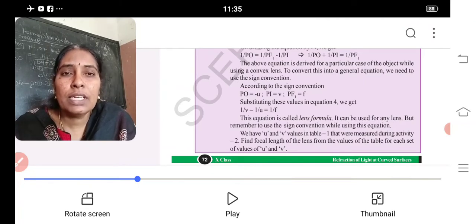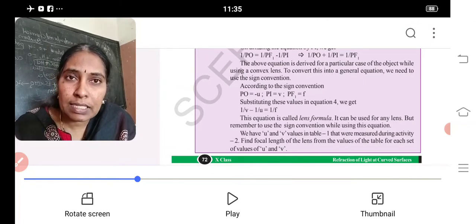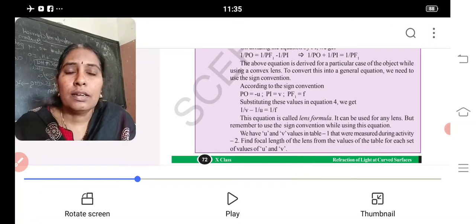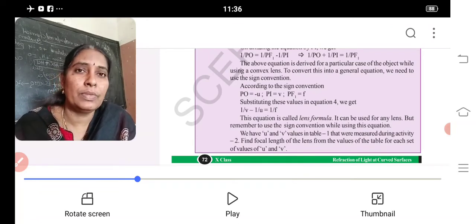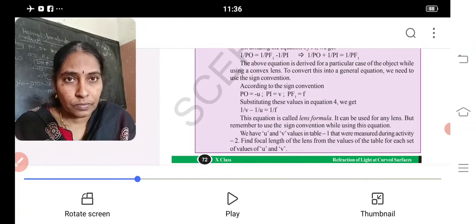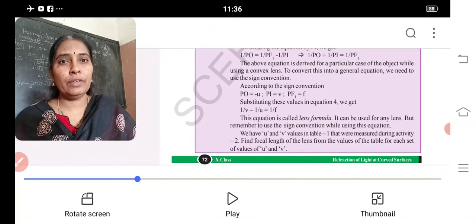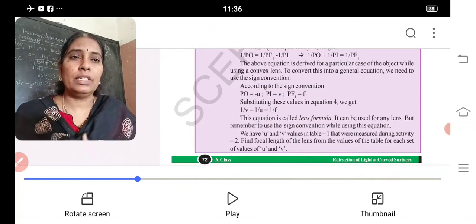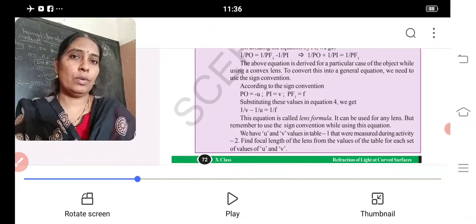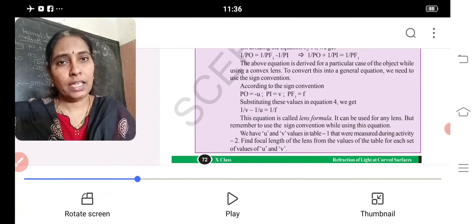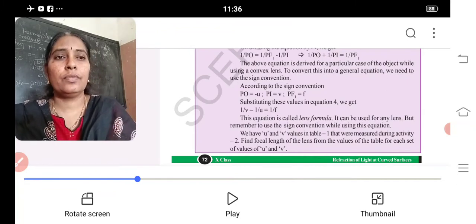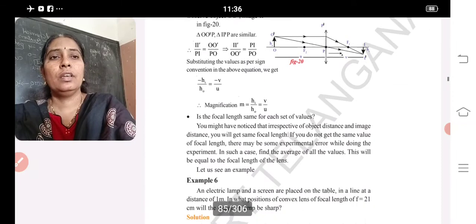The mirror formula we discussed in our first lesson. I already explained to you, derivations are not important. With that formula you have to solve the problems. Here for the lens formula also derivation is not important, but with this you can solve the problems. That is 1/V - 1/U = 1/F.